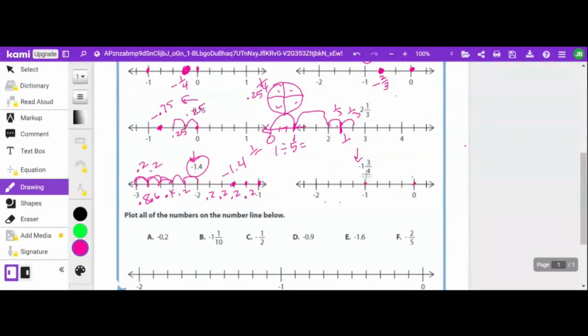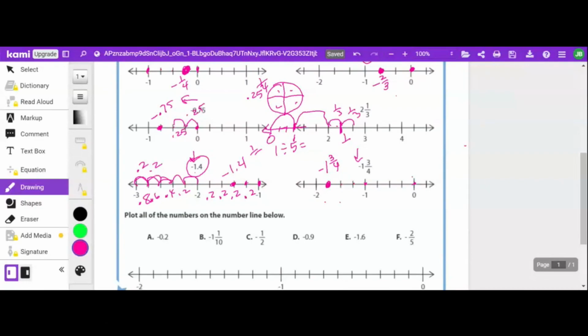Yes, very good. We move 3, because this would be -1 1/4, -1 2/4, -1 3/4. So -1 3/4 is right there.